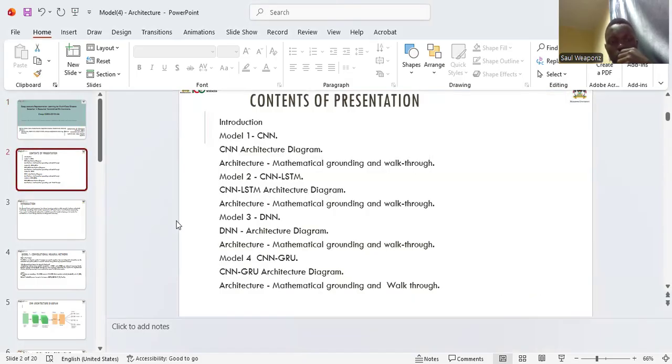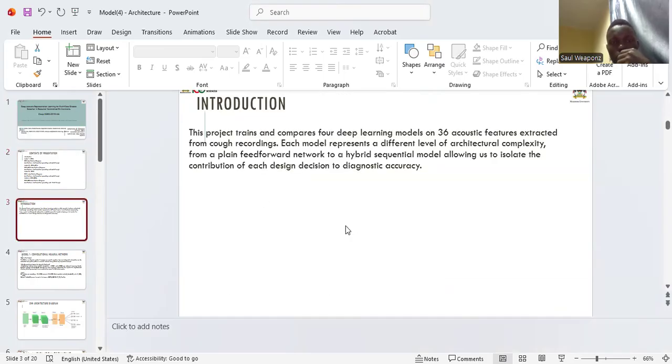So this is basically my process introduction, where we're trying to train four models and compare these four deep learning models on the 36 acoustic features extracted from audio recordings.